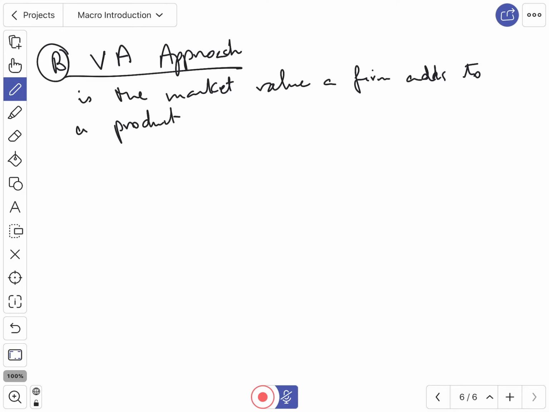Okay, so let's say when I talk about the price of a shirt at a specific store, I'm going to look at the different stages of producing the shirt, and I'm going to add each value to come up with the price. So in other words, the price of a shirt that you see in the store is simply equal to the sum of all value added that are added throughout the different stages of production.